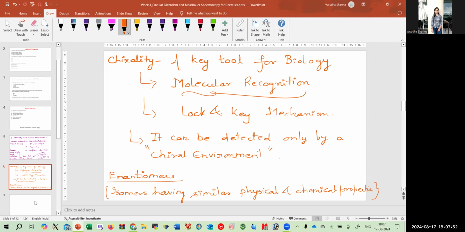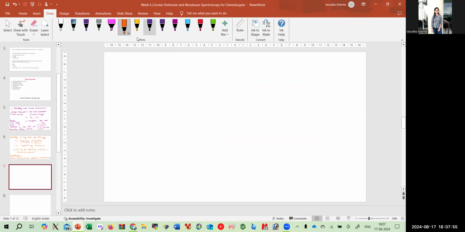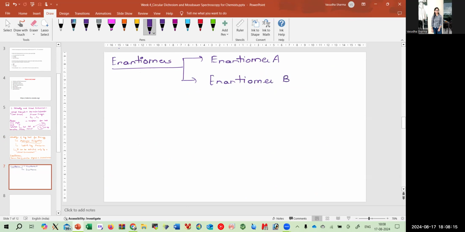So let's say we have enantiomer A and enantiomer B. They can only be distinguished by chirality, as you have already mentioned.